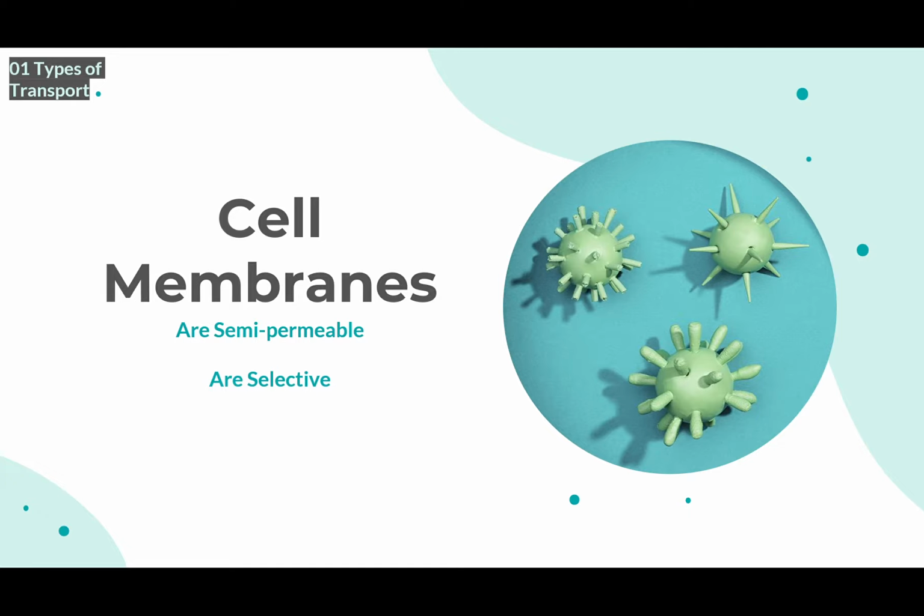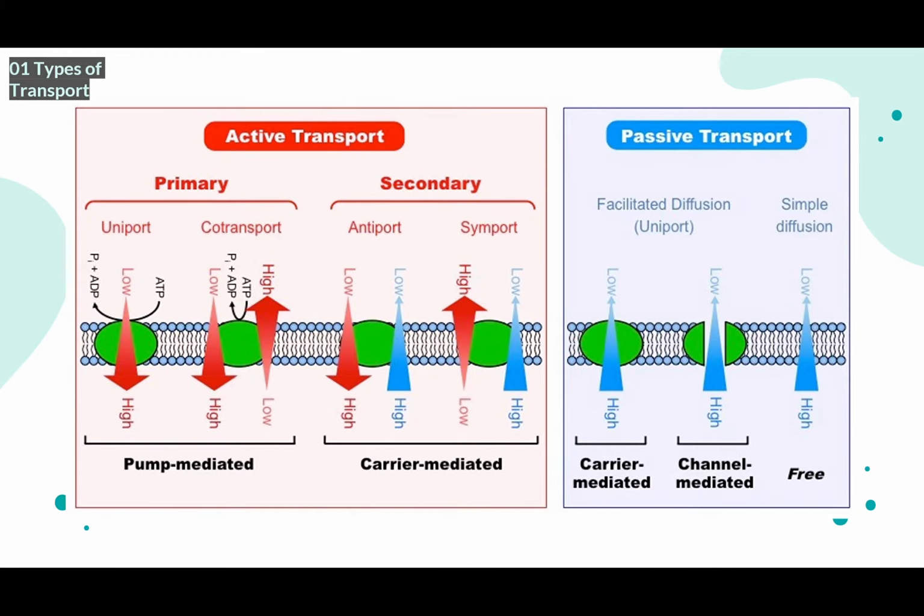Not always, but sometimes. Moving on, here we have a graphic of the different kinds of transport within the cell membrane. Starting out with active transport, we see that there are two kinds, namely the primary and the secondary. Primary ones are pump mediated, so they're so-called ion pumps, or just membrane pumps in general.